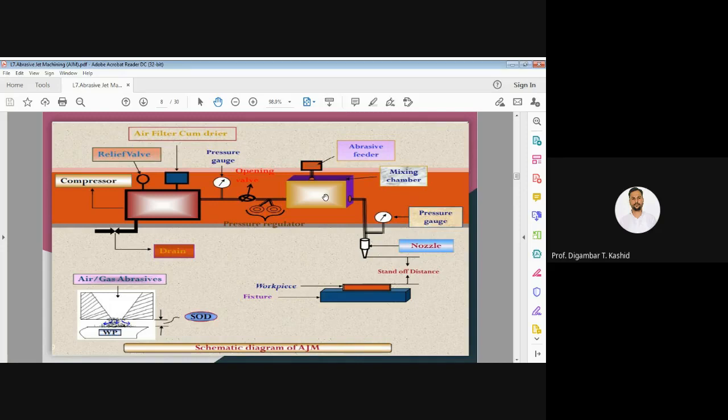The abrasive feeder is required to feed the abrasive, and it has a vibratory mechanism. Using that you can control the quantity of abrasive fed into the machining chamber.